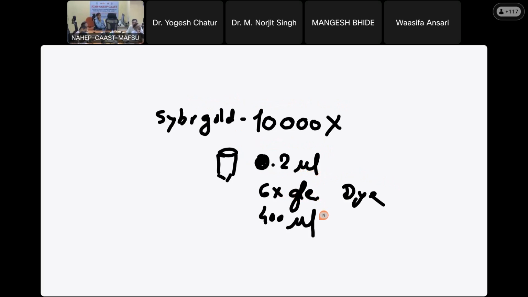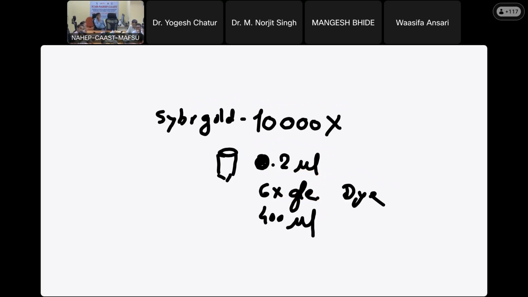So add 0.2 microliters of 10,000x SYBR Gold in 400 microliters of gel loading dye. Keep it in the refrigerator for 4 to 5 months, up to 6 months, no problem.